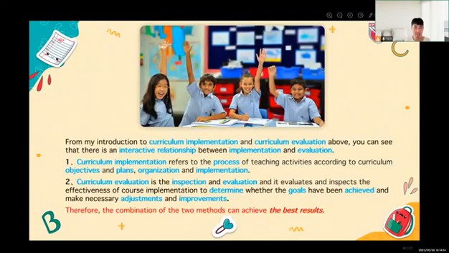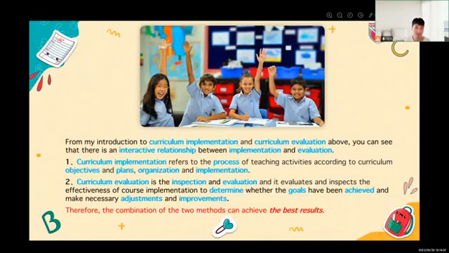The students' interest and confidence in learning have greatly improved. So from my introduction to curriculum implementation and evaluation above, you can see that there is an interactive relationship between implementation and evaluation. First, curriculum implementation refers to the process of teaching according to the curriculum objectives and plans, organization, and implementation.